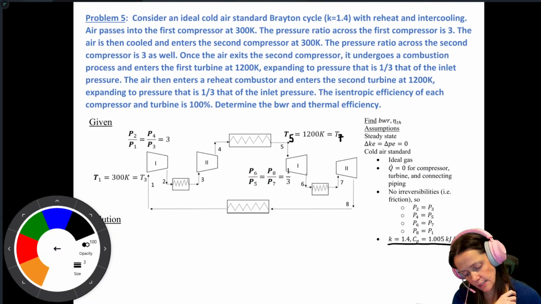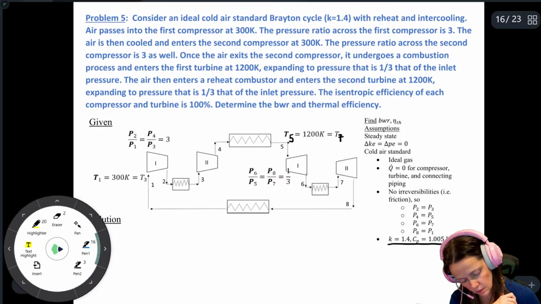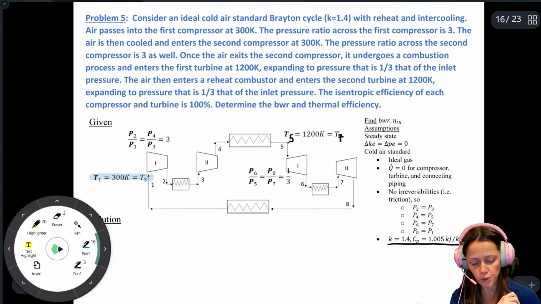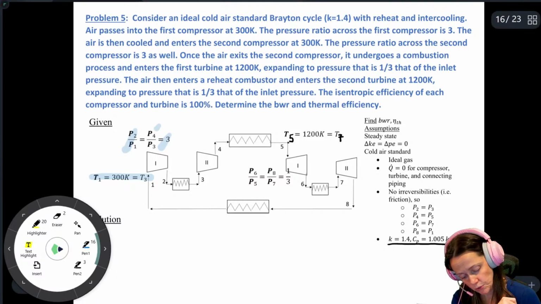So air passes into the first compressor at 300 Kelvin. The pressure ratio across the first compressor is 3. And then the pressure ratio across the second compressor is 3 as well.